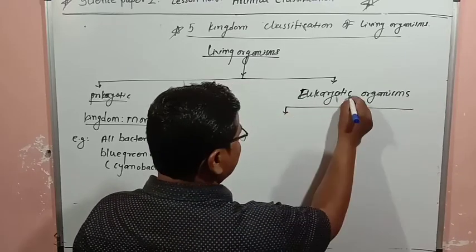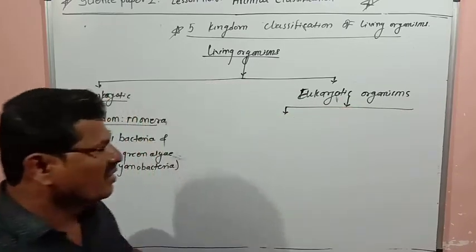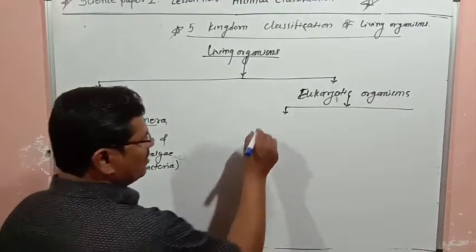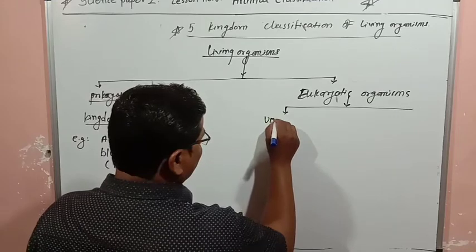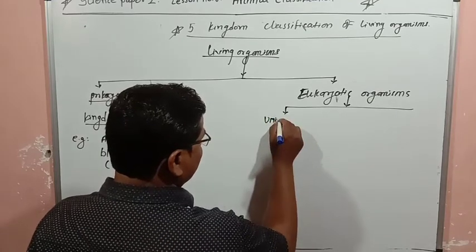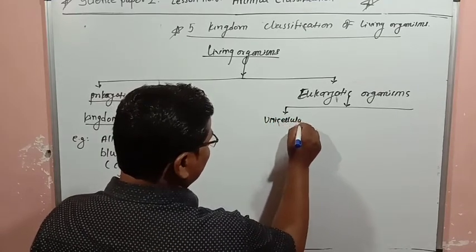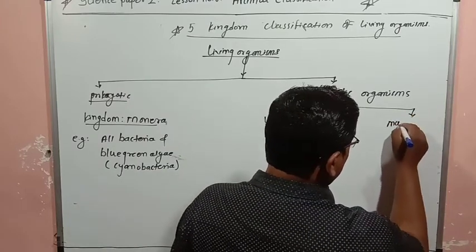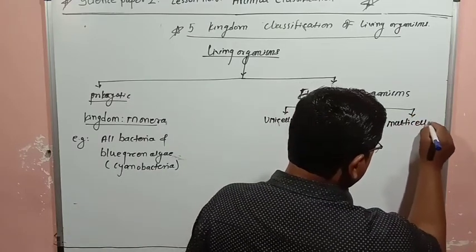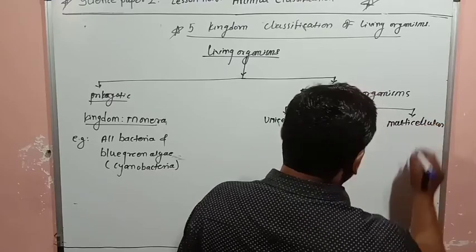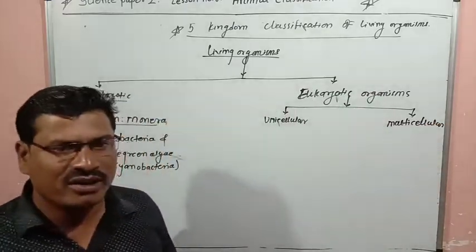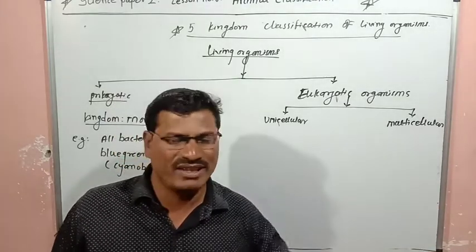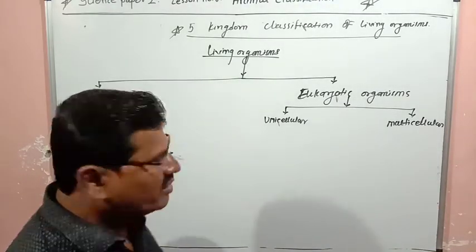In that, either they are unicellular or they are multicellular. Unicellular, they are having a single cell. Multicellular, they are having many cells, more than one cell.